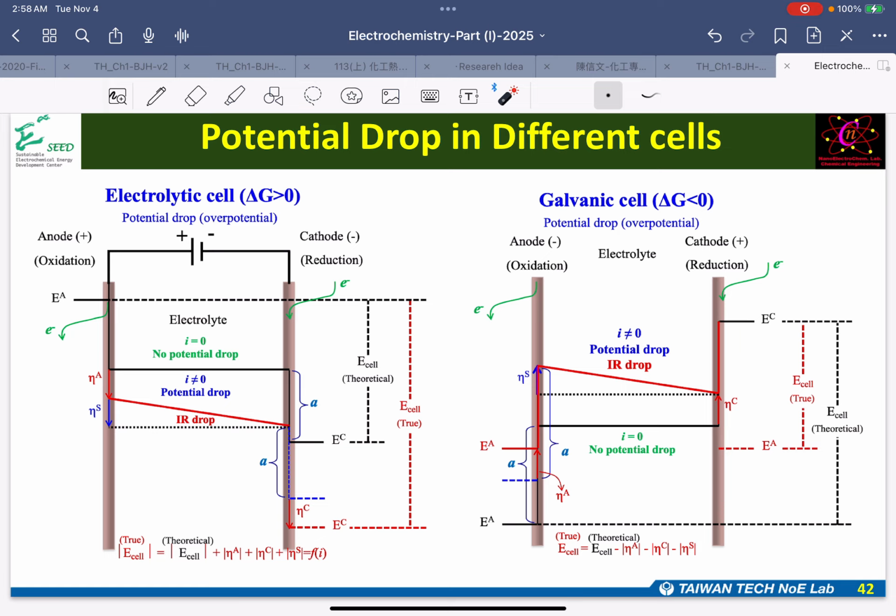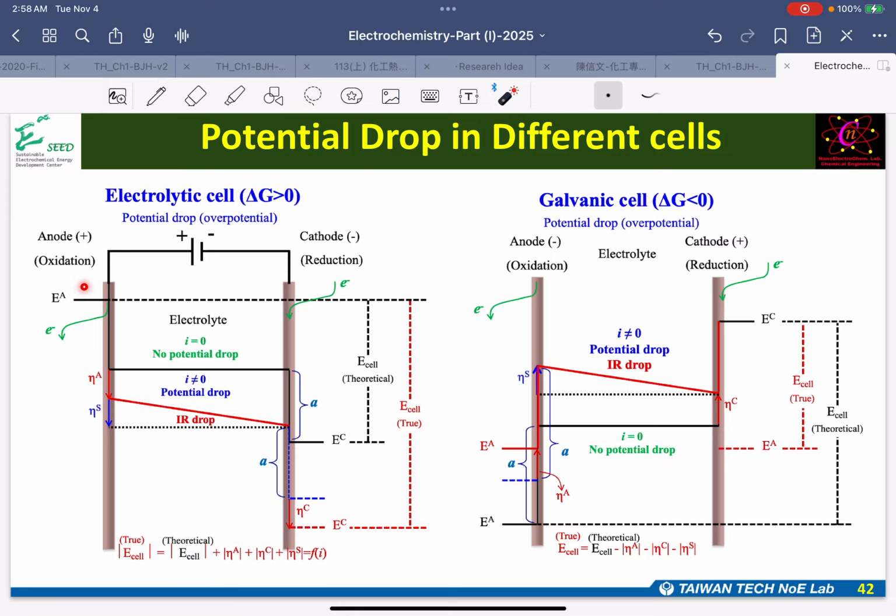Then we want to draw this potential drop in different cells. In thermodynamics we already drew this, only considering the equilibrium condition, no current at the equilibrium condition. So for this electrolytic cell, the delta G is larger than 0.